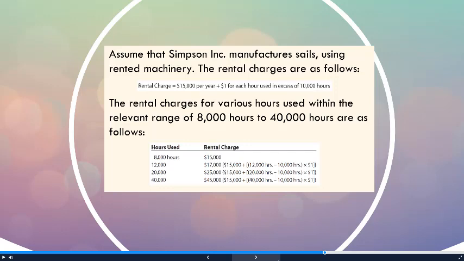Whereas if we used it for 12,000 hours, we'd have to pay that $15,000 fixed cost plus $1 per hour over our 10,000 hour threshold. Therefore, it's part fixed, the 15,000 piece, part variable, the $1 per hour in excess of 10,000 hours.